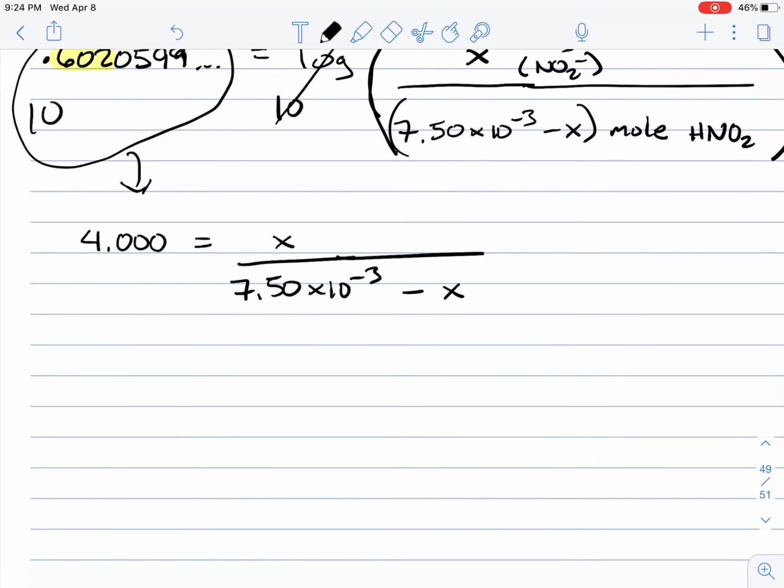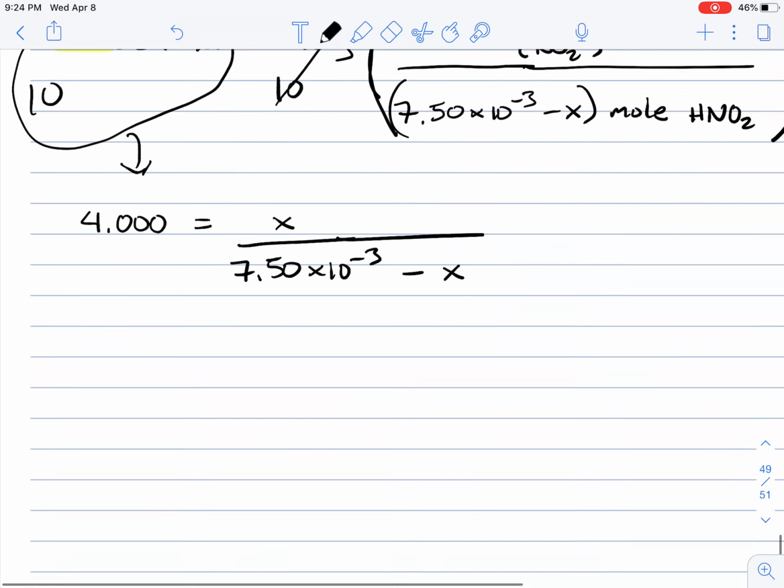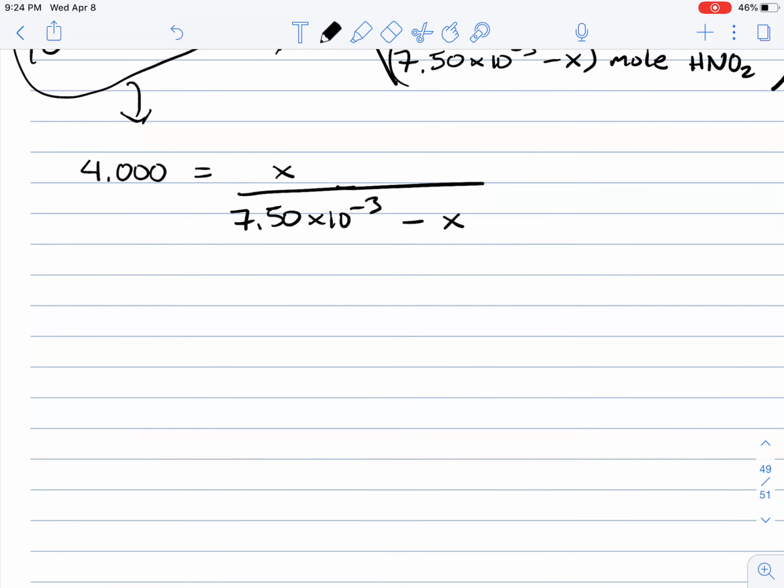This looks like the mass action expression that you have been doing for quite some time. However, be very careful. Please do not ignore this bottom x like we typically did for mass action expressions, because notice the power here is x to the first power. It's not x to the second power.